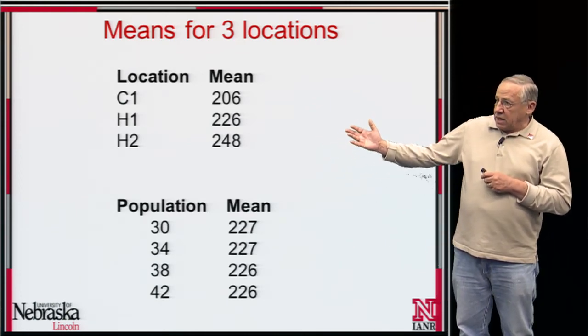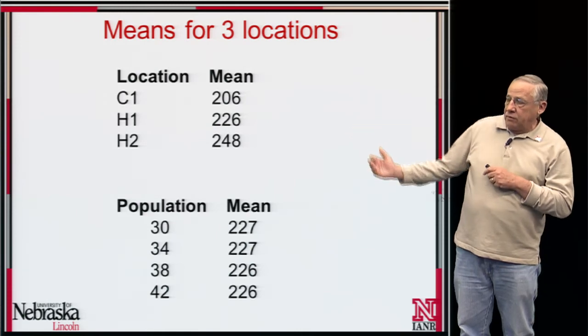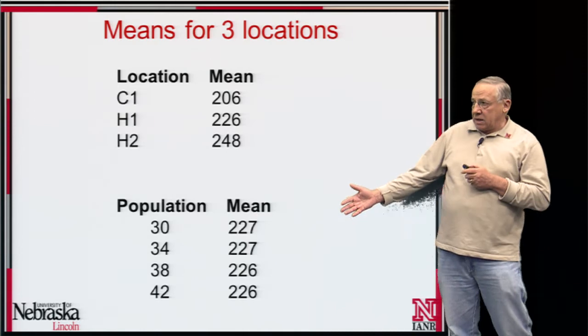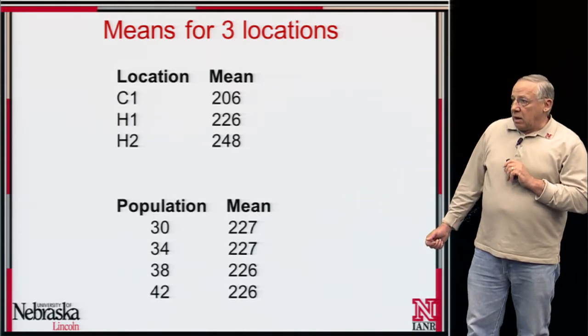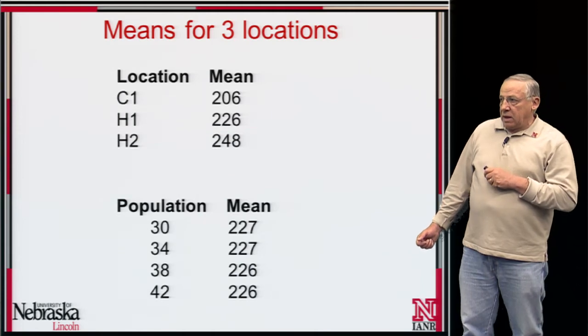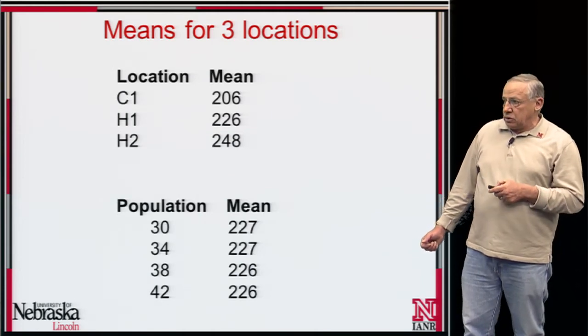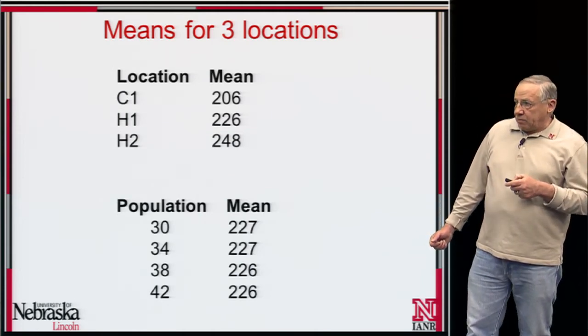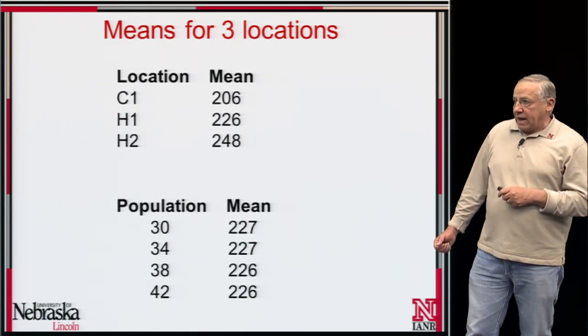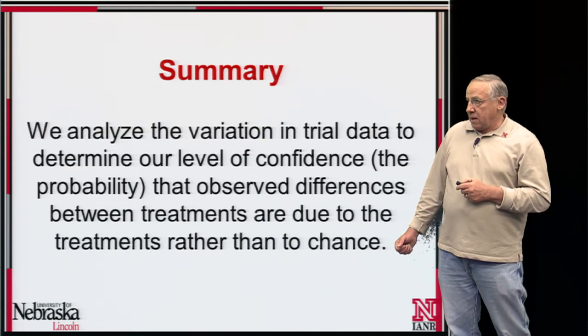We have the 3 locations. We see a relatively low mean for C1 compared to H2. And we have our population means, where the yields are either 26 or 27. So very little difference due to plant population. Again, we conclude that these are not statistically different.